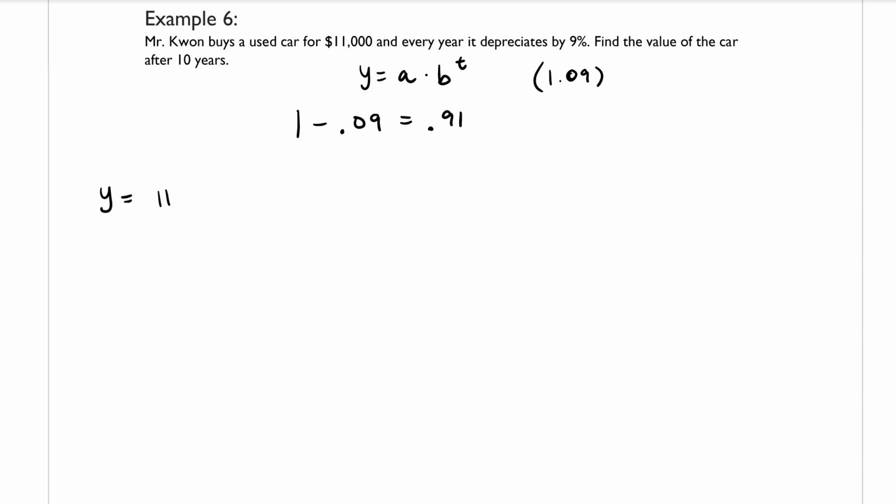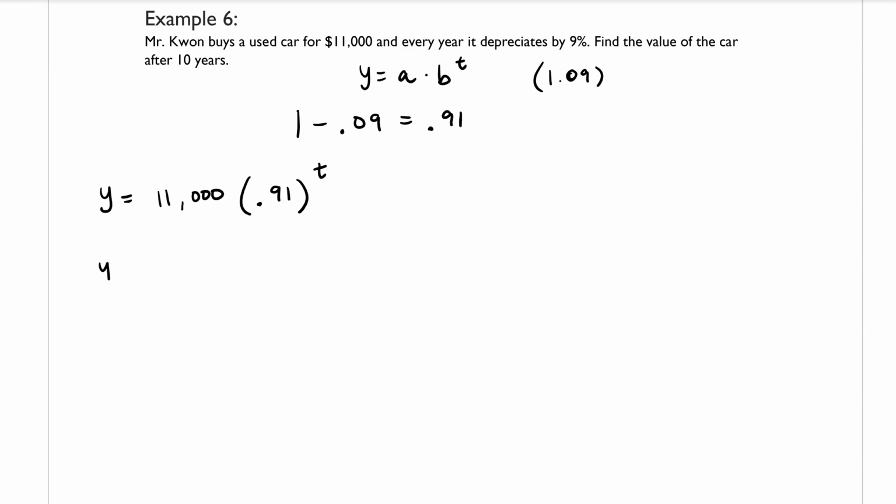So the car has a starting value of 11,000, and since the car is depreciating by 9% every year, that means that every year it's keeping 91% of its value. So our function is going to look like that.